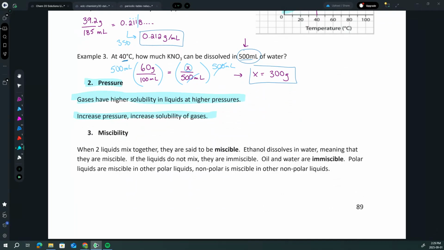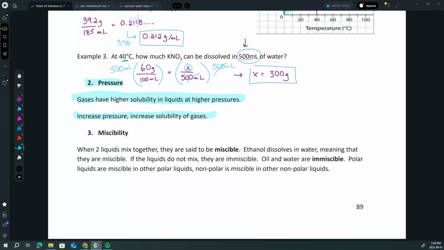Okay, so that's one thing you can do, because if you leave that can of pop just sitting on the countertop, right, with that lowered pressure, eventually it's going to go flat. And that's because gases are not soluble or are less soluble in liquids at lower pressures. So the gas is escaping out of the pop when it's at a lower pressure.